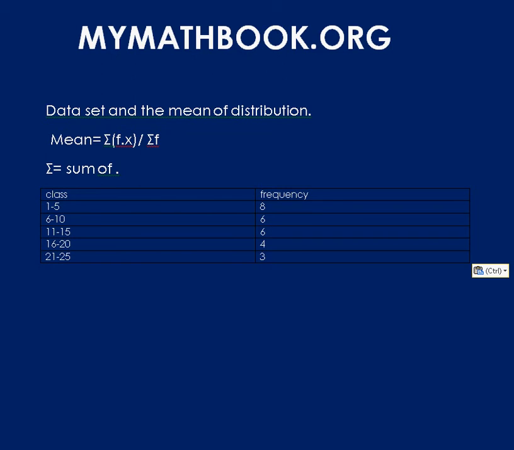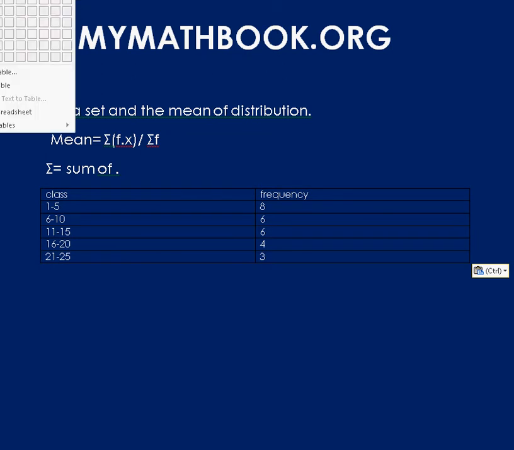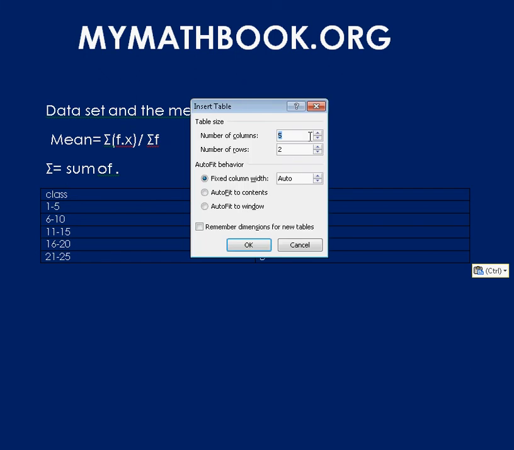So I'm going to do that right now. I'm going to insert a table that has maybe 5 columns, and rows about 8 or so.